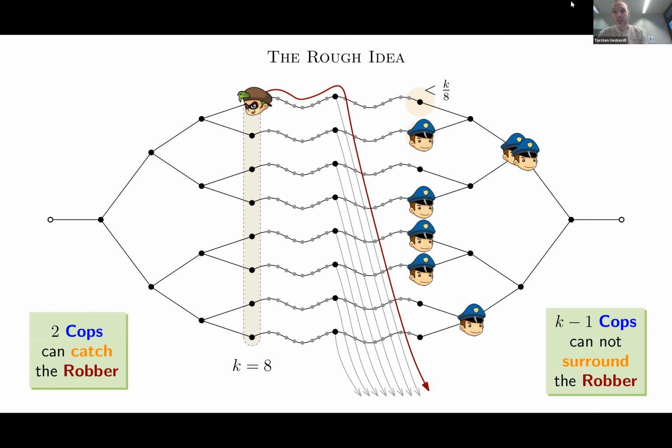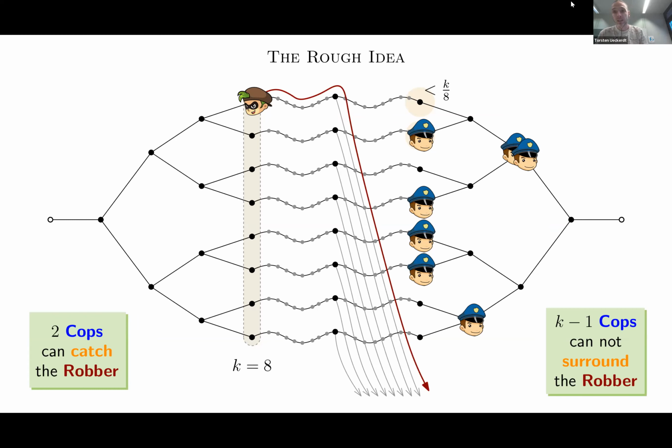If the decision is made in the sense that they are both now on this path, which is so long, this cop has enough time to go to the other end of this edge. He is on the other end of this edge.